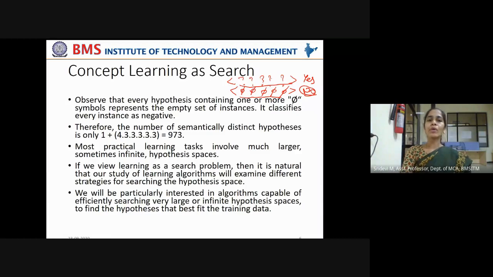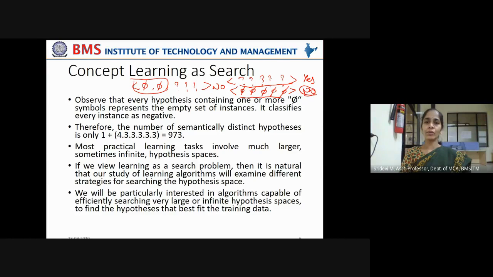Got it? Now observe that every hypothesis containing one or more pi, if at all in any hypothesis, no value is allowed for sky and no value is allowed for wind speed, and others can be anything. In that case, he is not comfortable with these two partial conditions. In that case, it will be a negative instance, right?